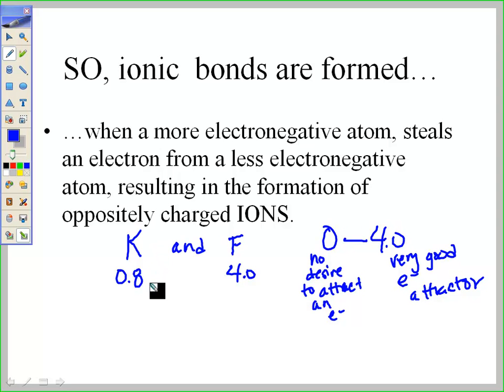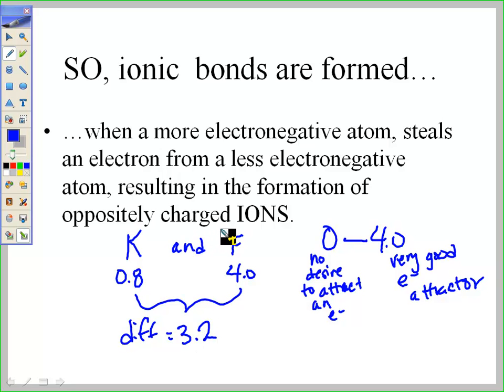Now, in a fight between K and F, that difference in electronegativity is equal to 3.2. And if you look on your % ionic character, that is well above a difference of 1.7. In fact, a 3.2 gives us a 92% ionic character.